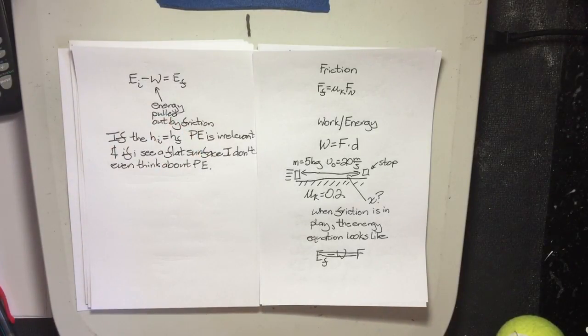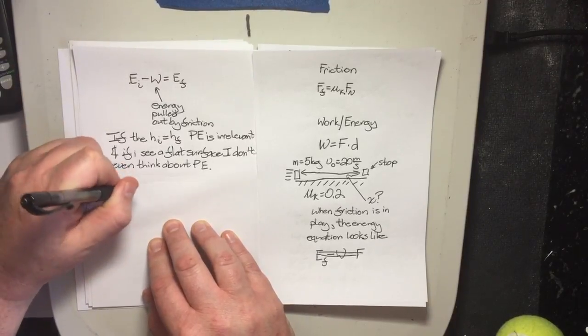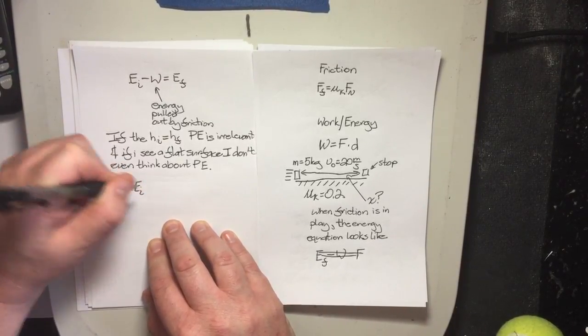We'll eventually do one of those. I see no change in height. It's a flat surface, so there's no gravitational potential energy. So there's no potential energy whatsoever. The initial energy is entirely kinetic. It's moving. So the initial energy is the kinetic energy initial.